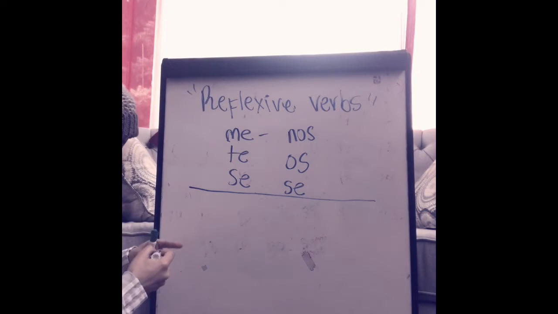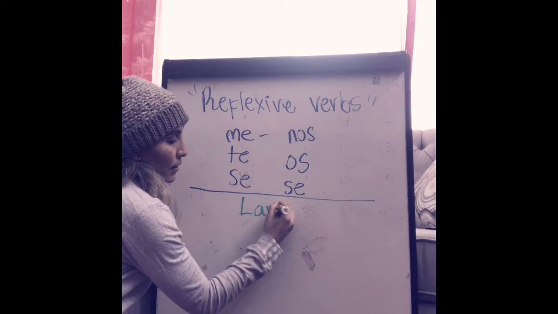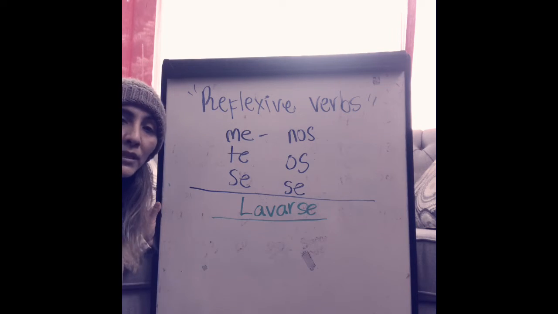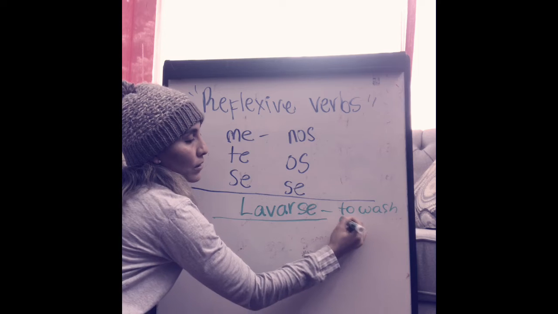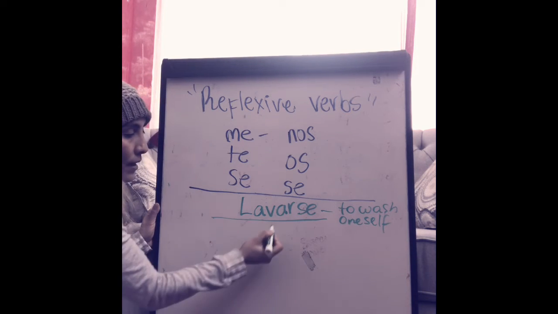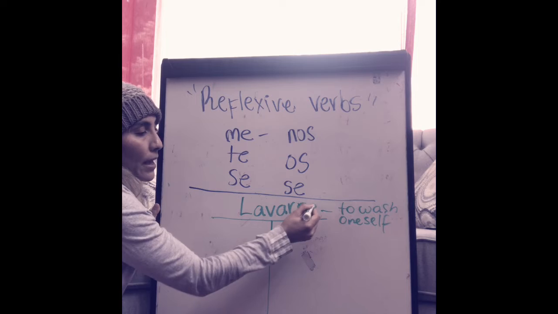Now, let's conjugate a reflexive verb. The infinitive form is going to be lavarse, and this means to wash oneself. I am going to do my table like you always do. First I am going to drop the se.